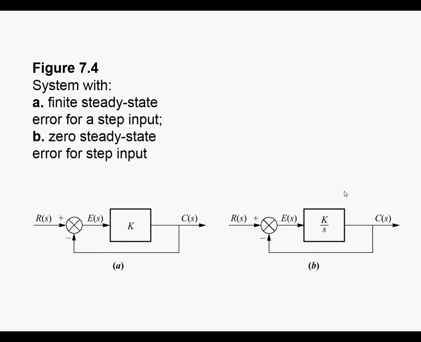Yeah. So you have in here, in A, you could say the error for a step input, and if you correct it by 1 over s, in this case you would have zero steady state error.